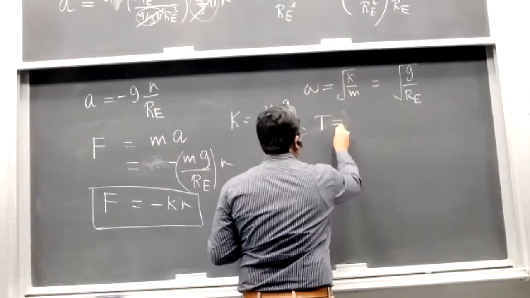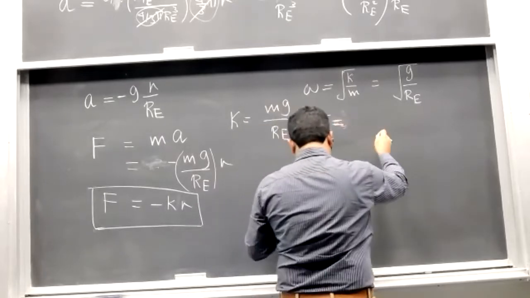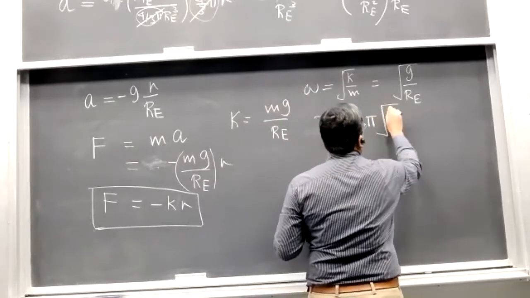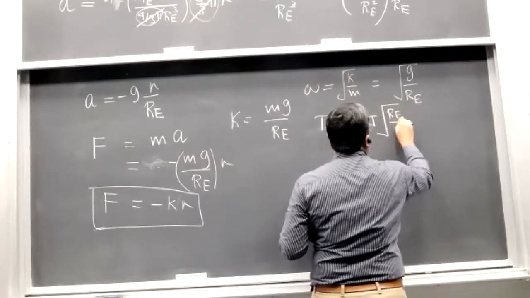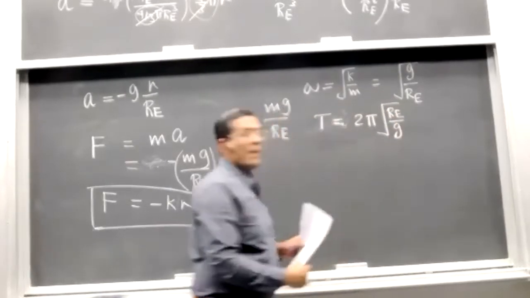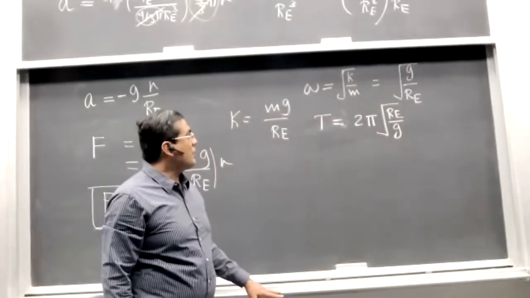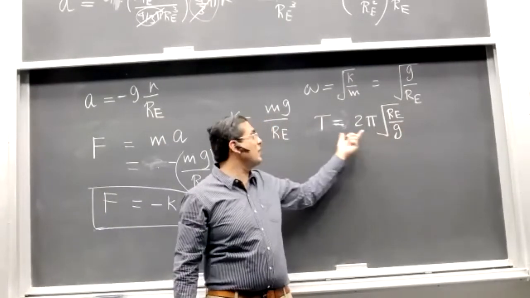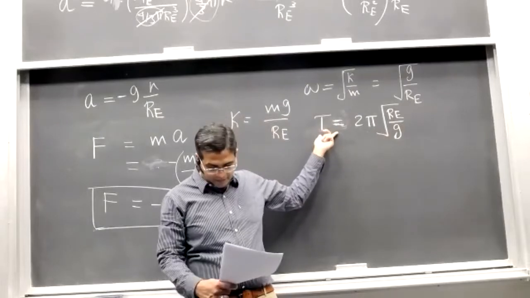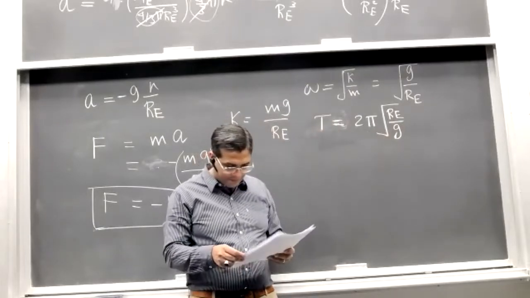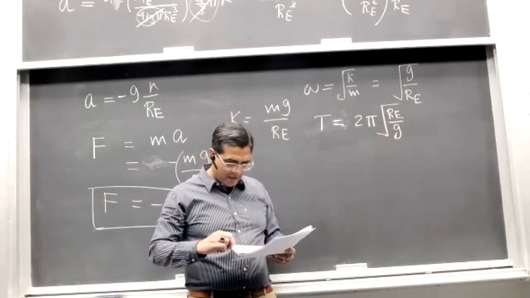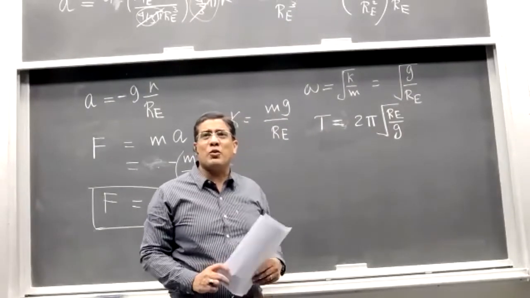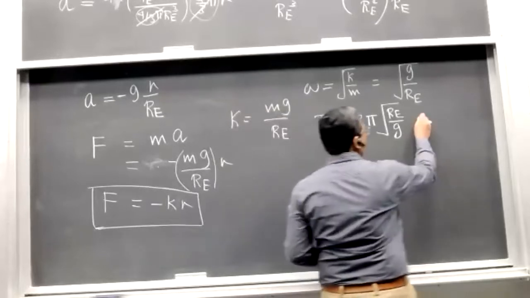T equals 2 pi root of R_E over g. And you see this, you know everything in here. Basically, you know the radius of Earth, you know g, you can actually calculate. Yeah, I forgot to print the numerical value. I don't have it here, but it's close to 80 minutes, 84 minutes or something.